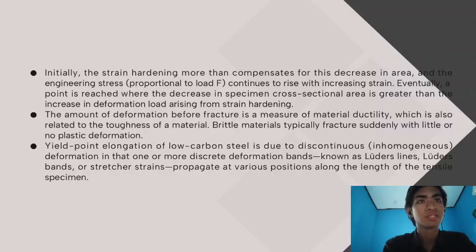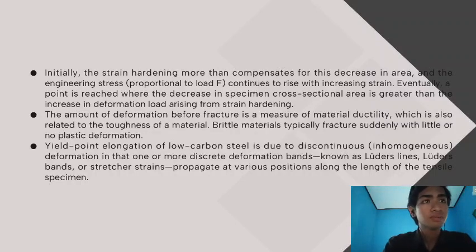Localized plastic deformation is concentrated in this region, and the specimen begins to neck or thin down locally because the cross-sectional area now is decreasing far more rapidly than the deformation load is increased by strain hardening. The actual load required to deform the specimen falls off.